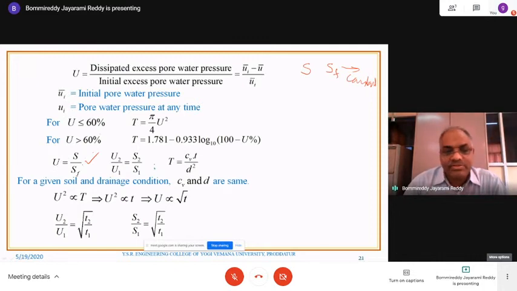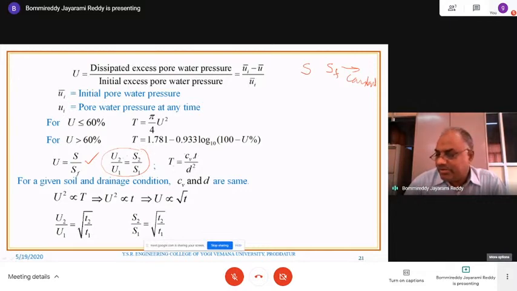Sometimes in the examination, if U1, U2, S1, S2 are given with some unknowns, you can find any of the unknown parameters from this. For example, for 20% degree of consolidation, settlement is 10 mm. For 40% consolidation, what is the settlement? That may be a simple question by means of this relation.